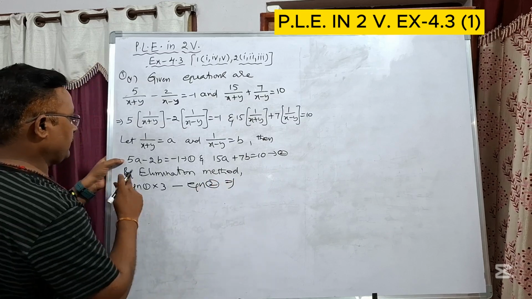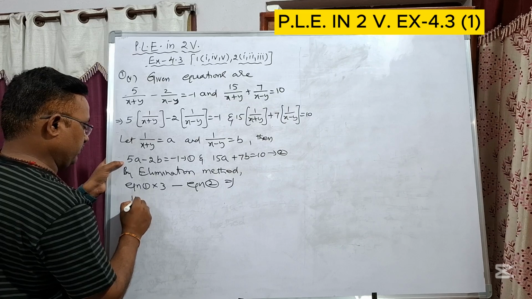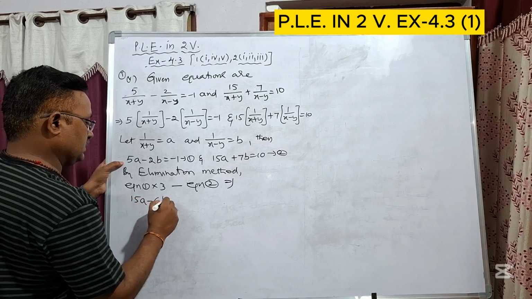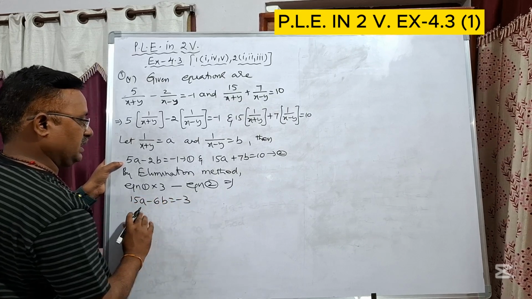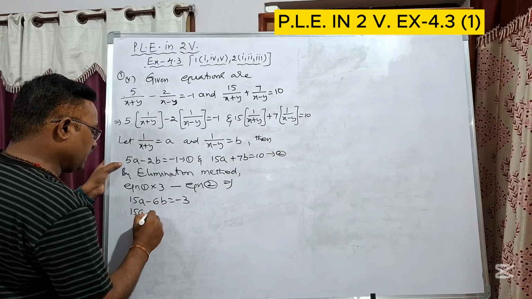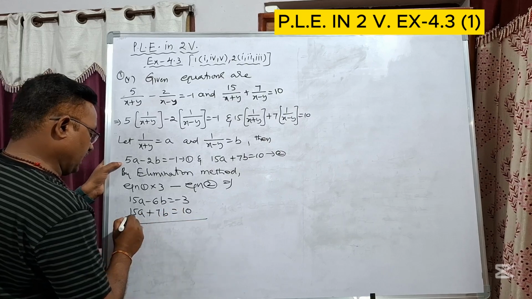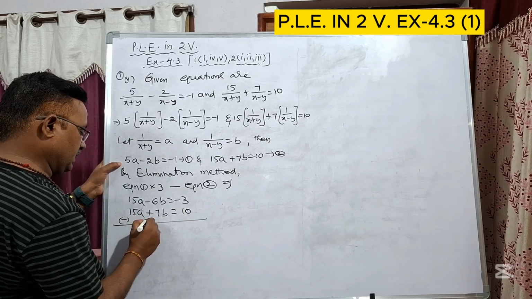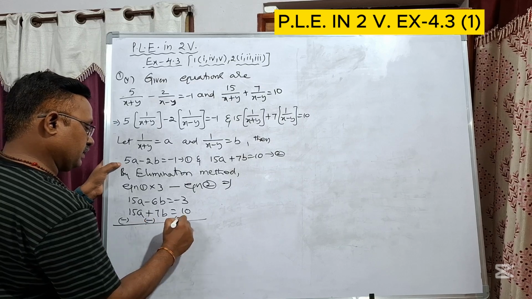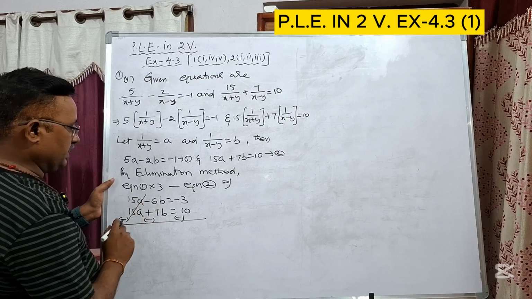What it implies? The total equation multiplied by 3 means this is 15a minus 6b equal to minus 3, and equation 2 as it is, 15a plus 7b equal to 10. Just subtract them, so plus becomes minus, plus becomes minus, plus becomes minus. 15a minus 15a eliminated.